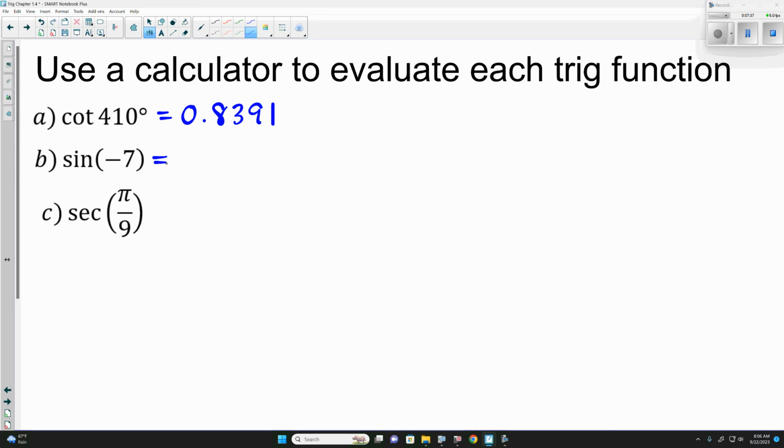Part of the reason I used the graphing calculator is it was in degrees, not radians.